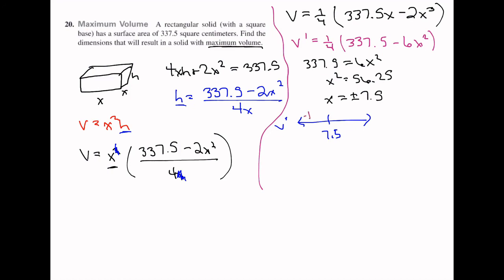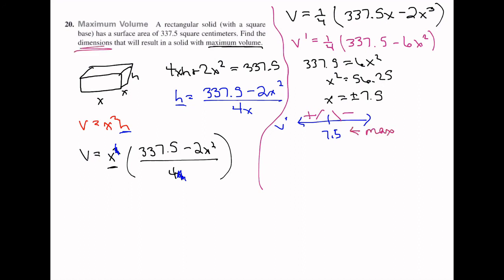And if I plug in, let's say, a 10, that would give me 10 squared is 100, so 337.5 minus 600 would give me a negative. So that means that my function increased then decreased, so this did indeed produce a maximum.